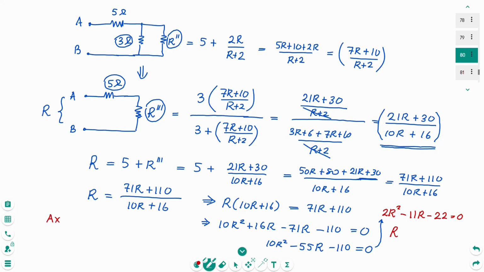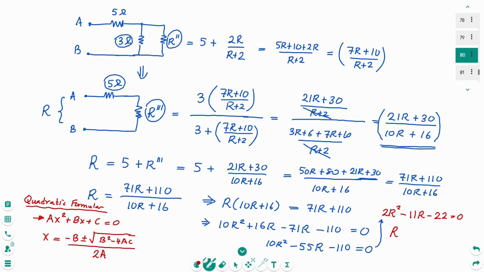So if you have a quadratic equation like this, ax squared plus bx plus c equals 0, then the roots or the solutions would be minus b plus or minus square root of b squared minus 4ac, divided by 2 times a.